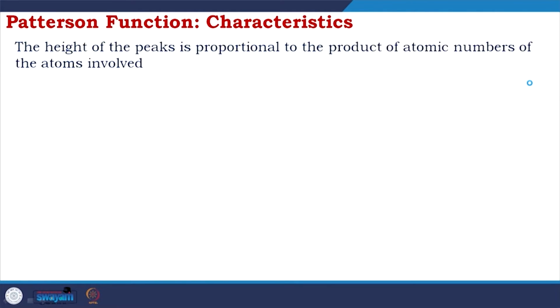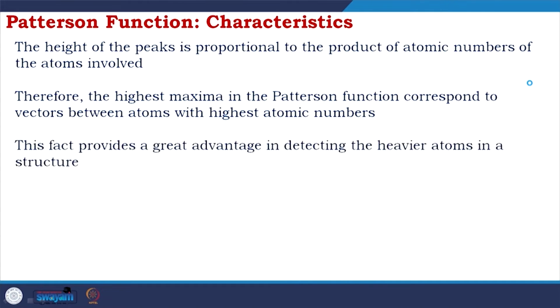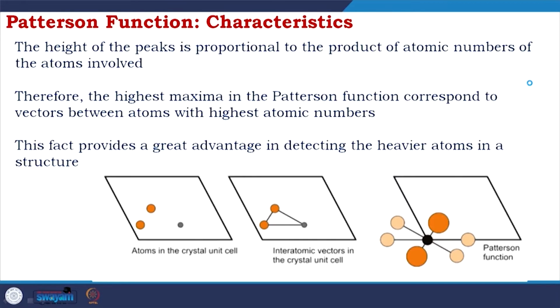The height of the peaks is proportional to the product of atomic numbers of the atoms involved. Therefore, the highest maxima in the Patterson function correspond to vectors between atoms with the highest atomic numbers, again giving an advantage to the heavy atoms. This fact provides a great advantage in detecting the heavier atoms in a structure.